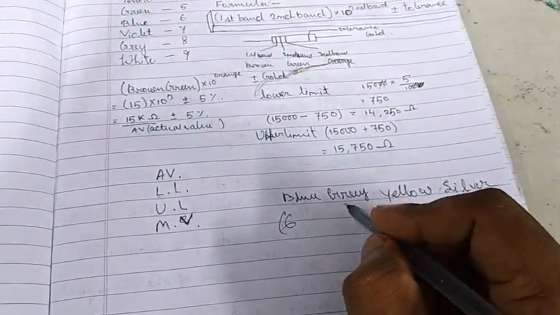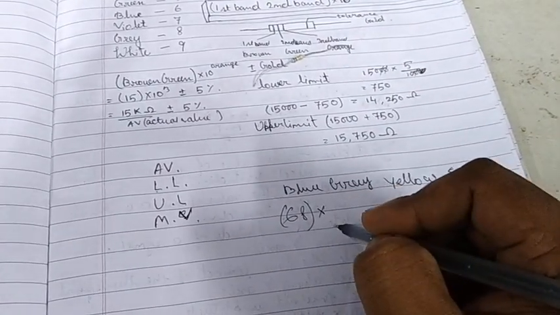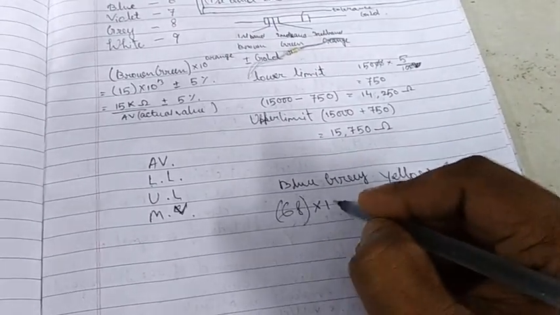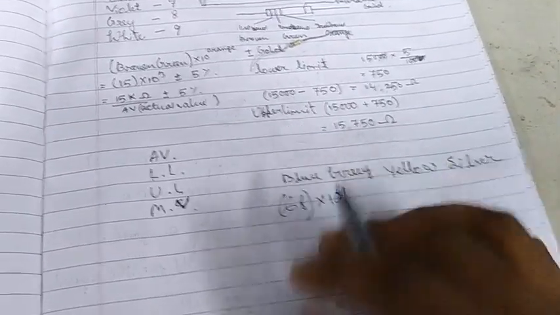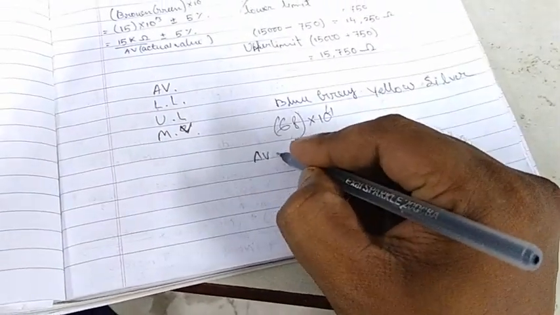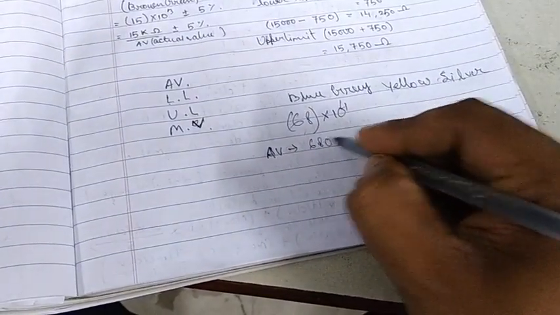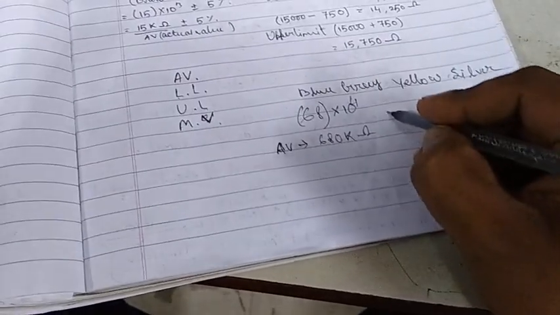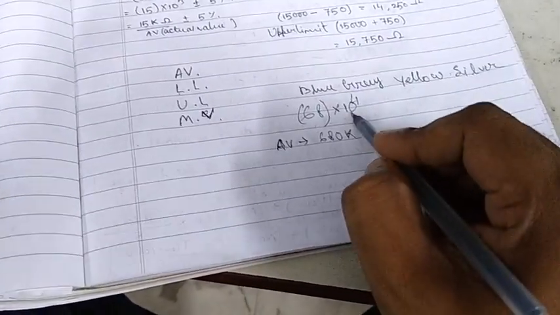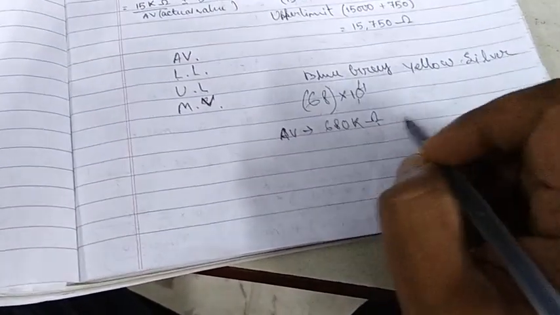For gray the code is 8, and the third band is the multiplier. For yellow it will be 10 to the power 4. So the actual value we will get here is 680 kilo ohm, because it is 68 into 10 to the power 4, that means 680 into 10 to the power 3, so 680 kilo ohm.